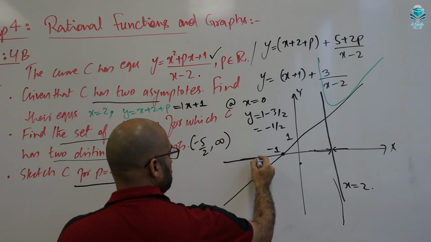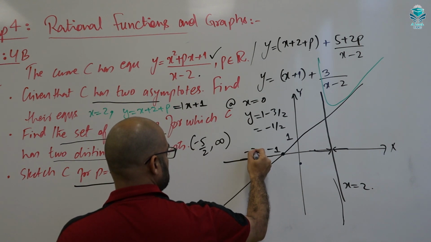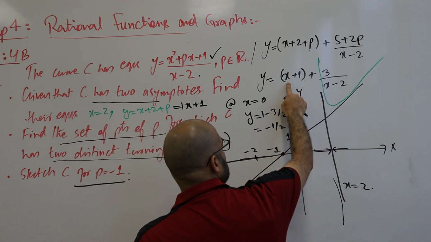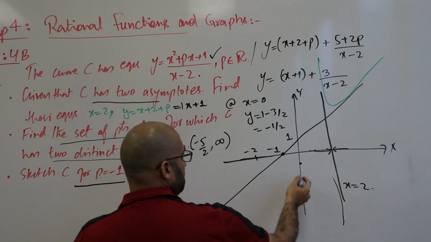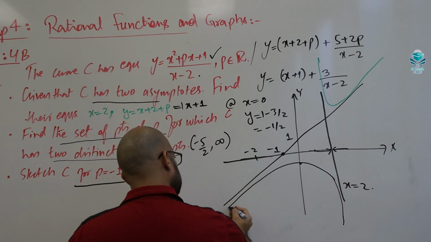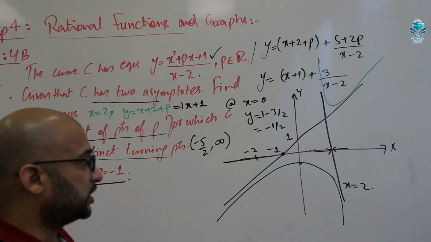We choose a value less than minus 1, let's say minus 2. At minus 2 this value is negative, which means we are below the x-axis, and the sketch of the curve is like that. So this is the complete sketch of the curve.